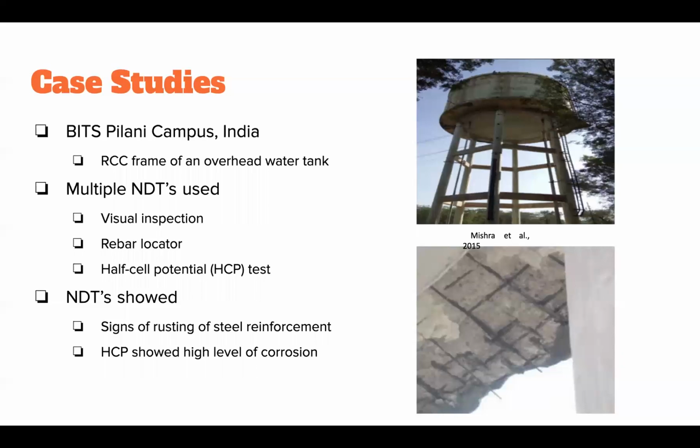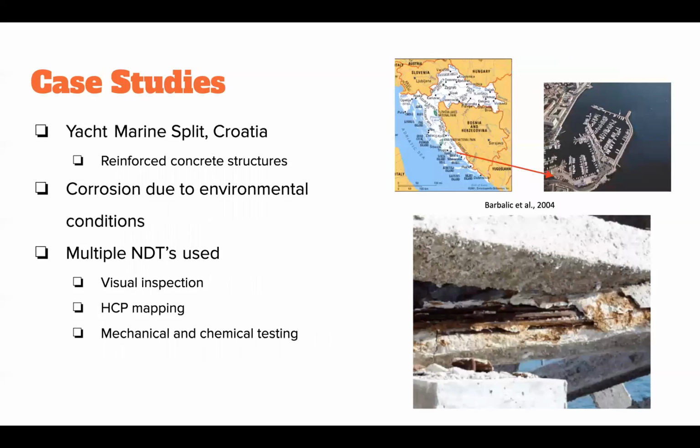Multiple NDTs were used to assess the infrastructure, which were visual inspection, rebar locator, and half-cell potential tests. These tests show signs of rusting of steel reinforcement, and specifically HCP showed the high level of corrosion experienced by the structure.